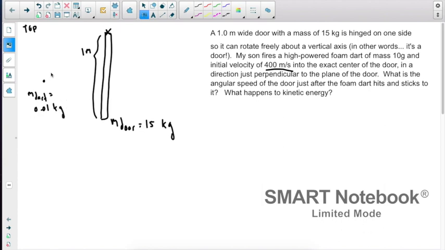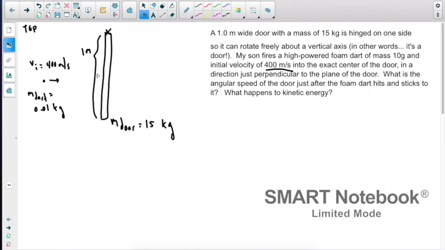And it has an initial velocity of 400 meters per second. And it ends up hitting the door exactly in the middle. The question says that he was firing this exactly perpendicular to the surface of the door. He wasn't firing it this way or this way. He was firing it exactly perpendicular.